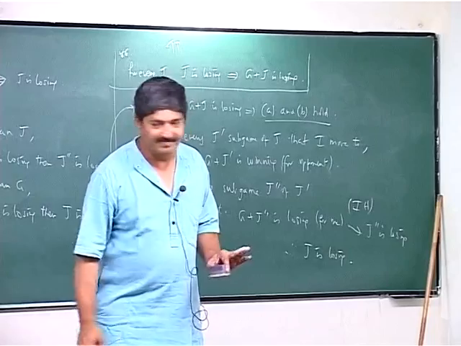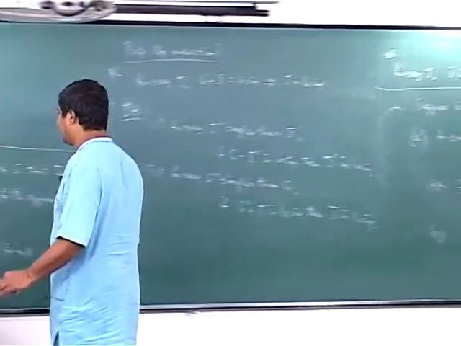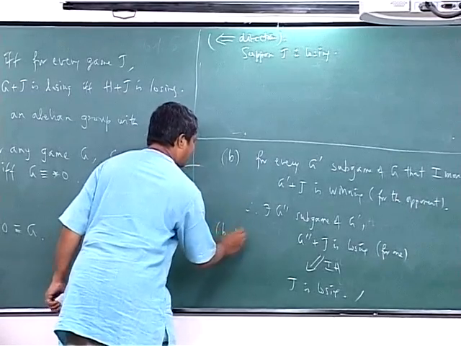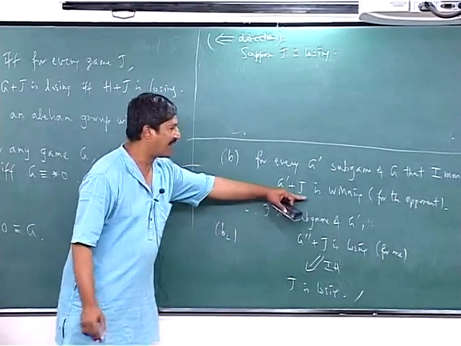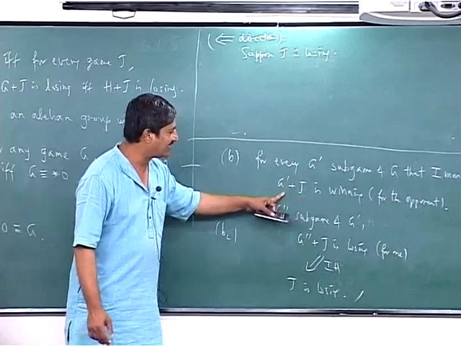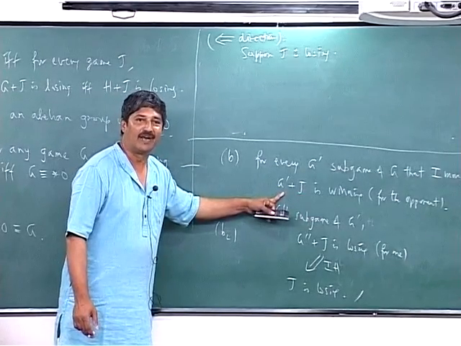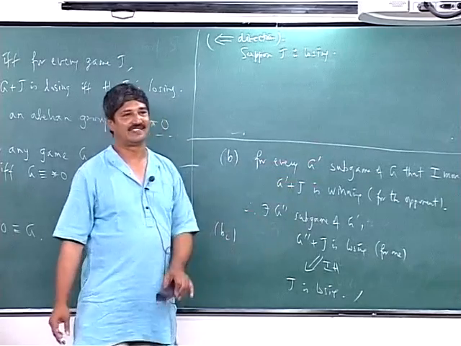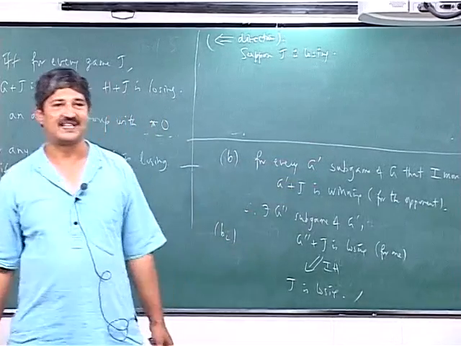Of course, this also means that B1 also has a B2. Here also, G prime plus J is winning for the opponent means that either you could make a move here or you could make a move here. But again, you will get the application of induction hypothesis.